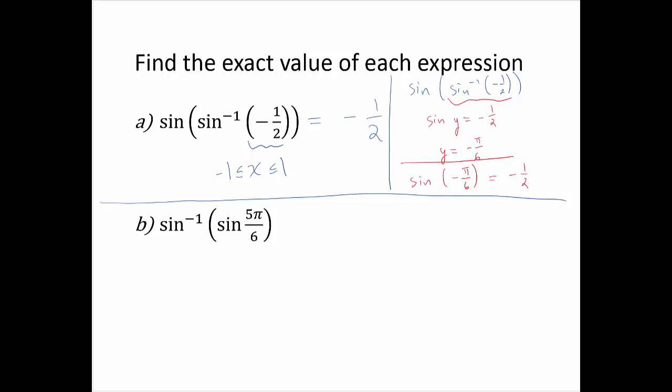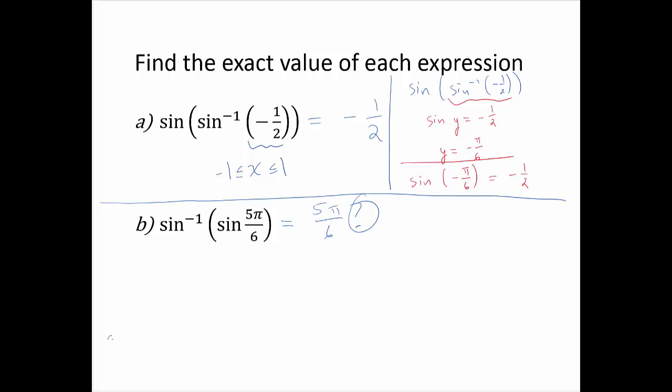All right, let's look at one in the other direction. Here we have sine inverse of sine of 5π/6. And the question is, well, can I just do something similar to the previous one? Can I just say, well, this is 5π/6? All right, that's the big question. Well, it doesn't work as nicely in this case because that 5π/6 is not in that restricted domain that we're concerned about.